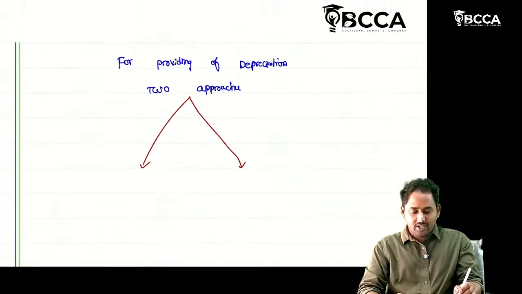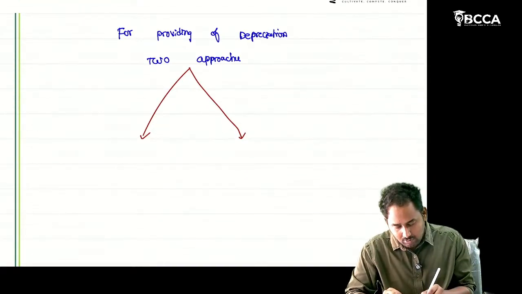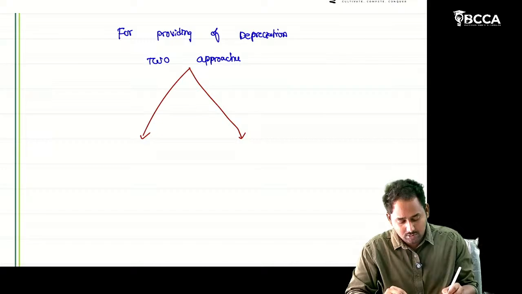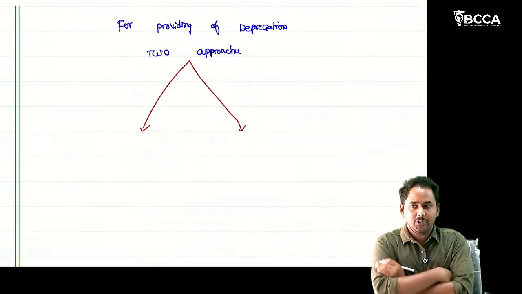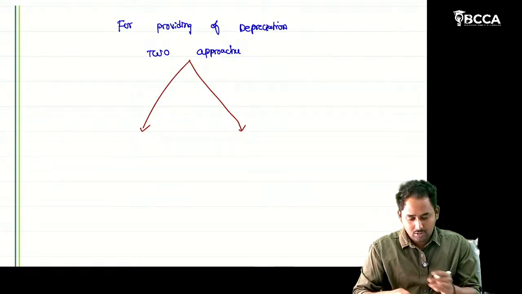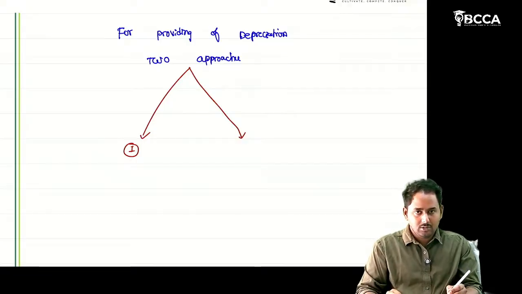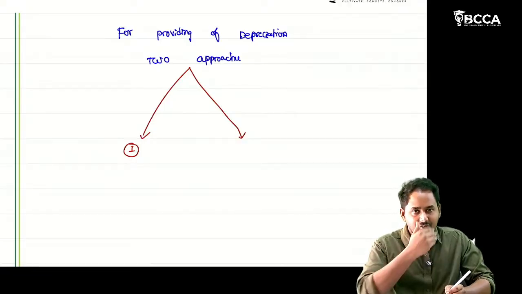Every time the asset should be shown at cost only. First thing, all the time the asset should be shown at cost. Here the asset should be shown at cost minus accumulated depreciation. So if you are following approach 1, the asset should be reduced every year.